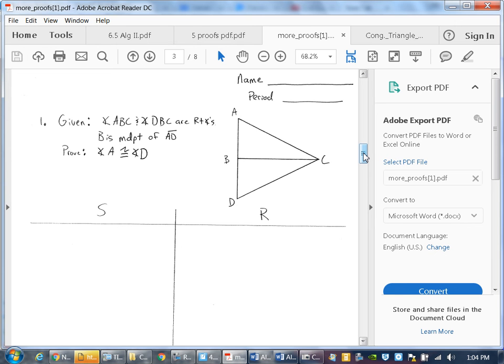When you're working with letters, just follow your techniques.